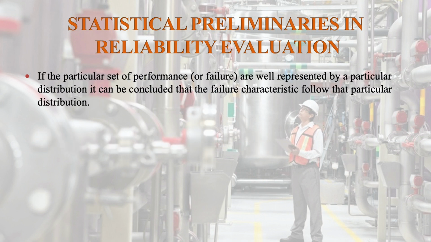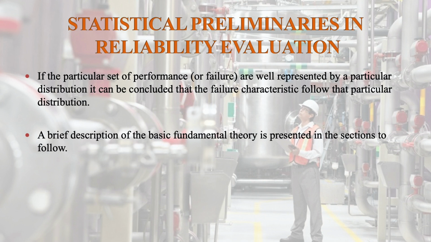If a particular set of performance or failure data is well represented by a particular distribution, it can be concluded that the failure characteristics follow that particular distribution. A brief description of the basic fundamental theory is presented in the section to follow.